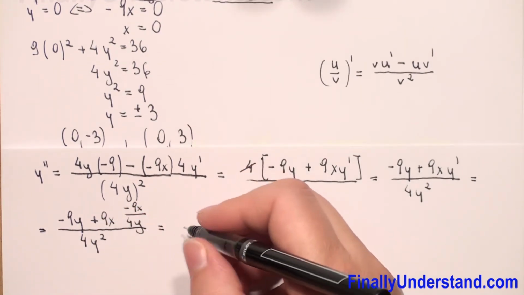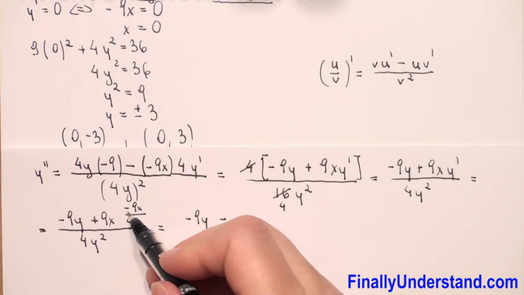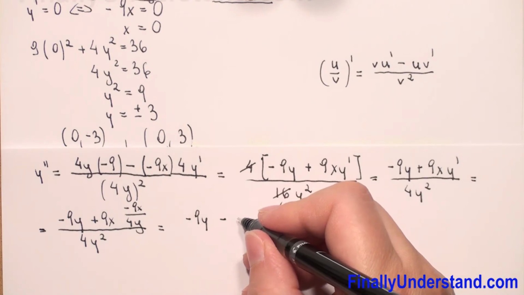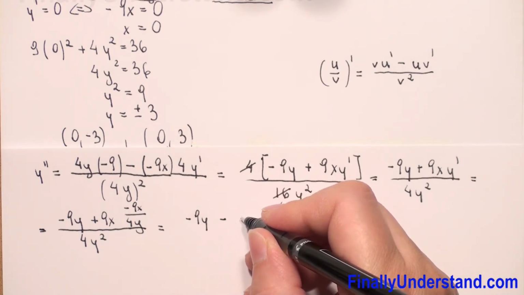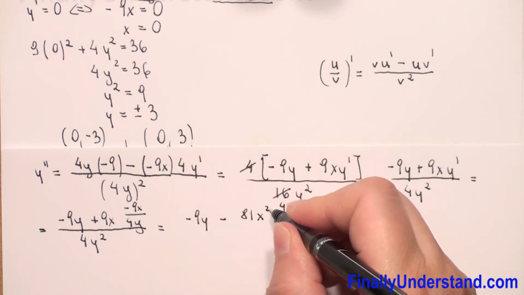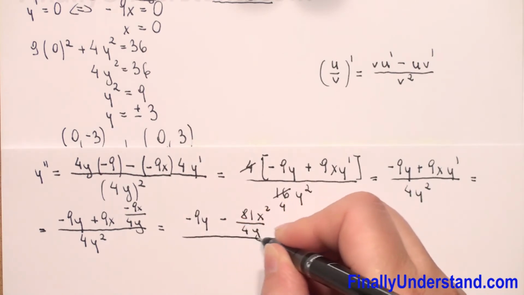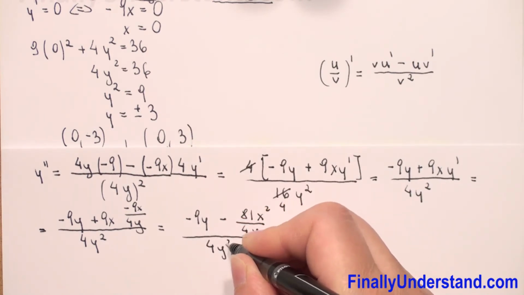So this is equal negative 9y, positive and negative give me negative, and 9 times 9 is 81, x times x is x squared, over 4y, everything over 4y squared.